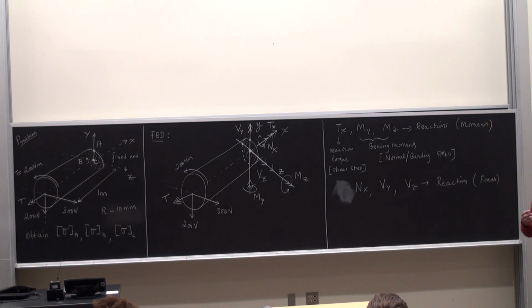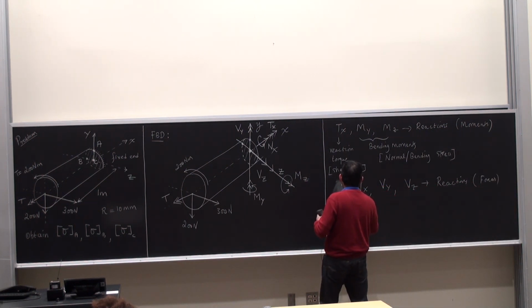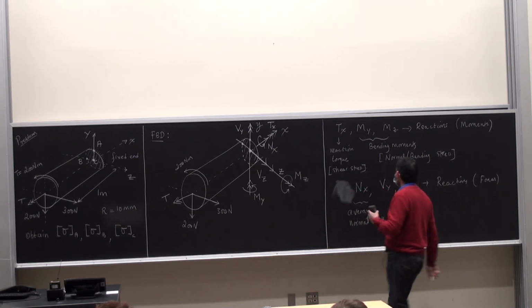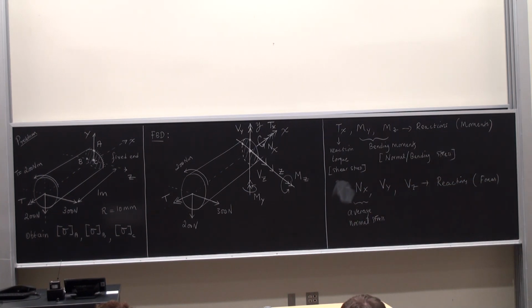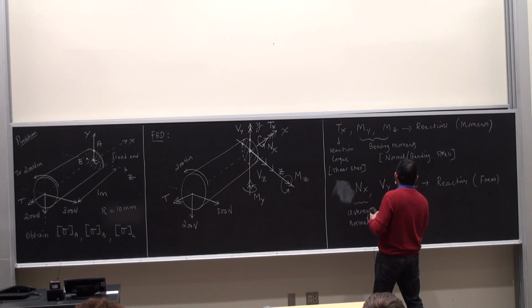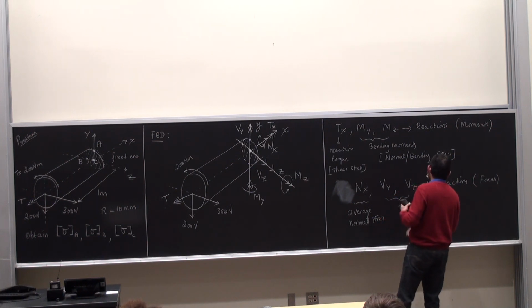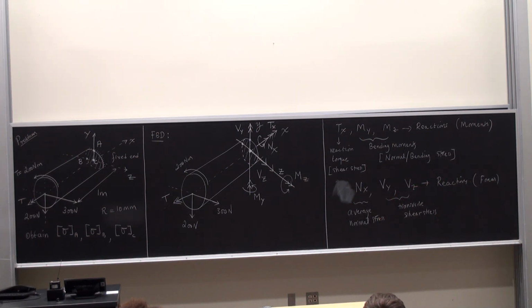Nx is going to contribute to average normal stress. Vy and Vz will contribute to transverse shear stresses. And we have one hell of a job to calculate all of these things.